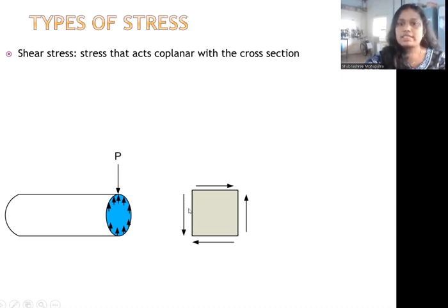To resist the rotation, these two forces will also be there. The shear stress always causes the tearing of the metal. The shear stress is nothing but the shear force per unit area. The shear stress is denoted as tau.